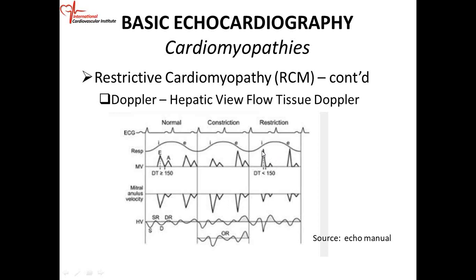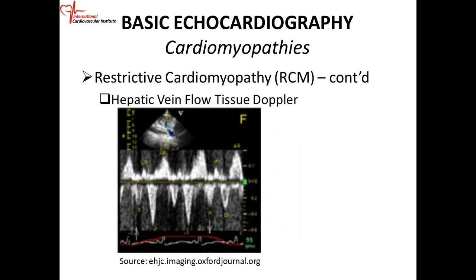You'll get a very large E and a small A. All right, so you have to know to distinguish them. Again, hepatic vein flow with inspiration, you get an increase in your atrial flow reversal, whereas in constrictive pericarditis, this increased atrial flow reversal occurs in expiration.